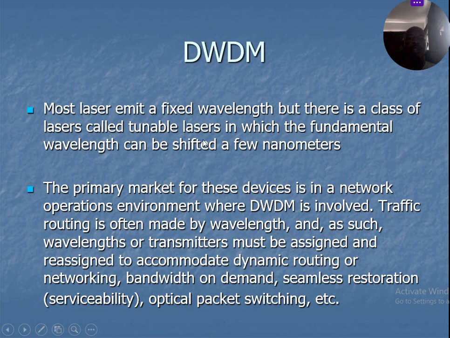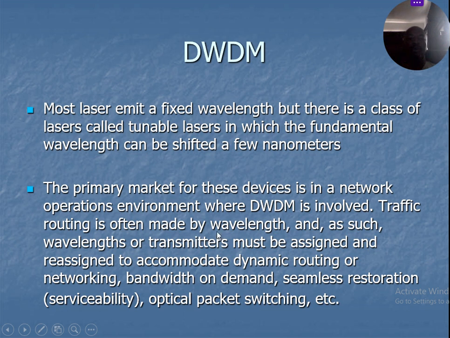These tunable lasers can work with different wavelengths, and they are able to work with this technology.